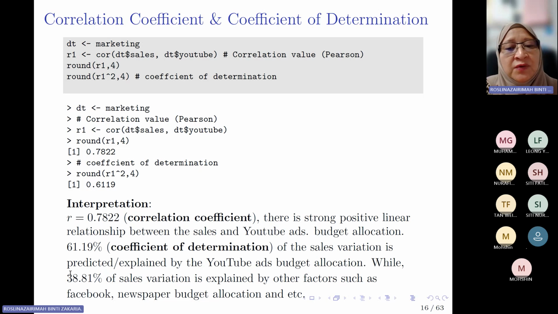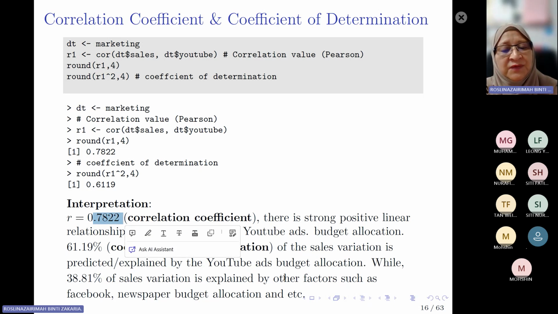Interpret the correlation coefficient. We know that R equals 0.7822. There is a strong positive linear relationship between the sales and the YouTube ads budget allocation. That's how we interpret 0.78, because this value is closer to 1.